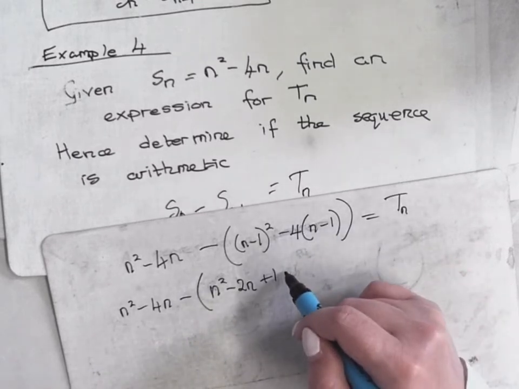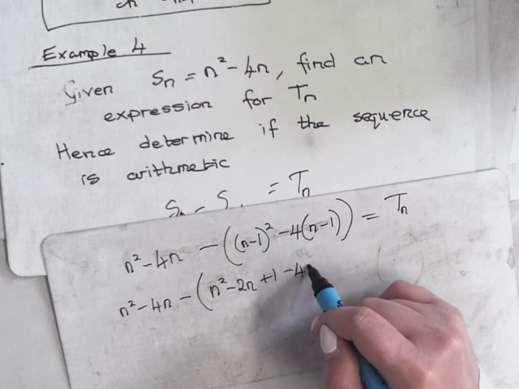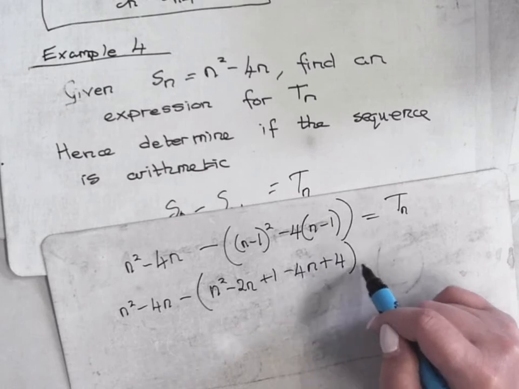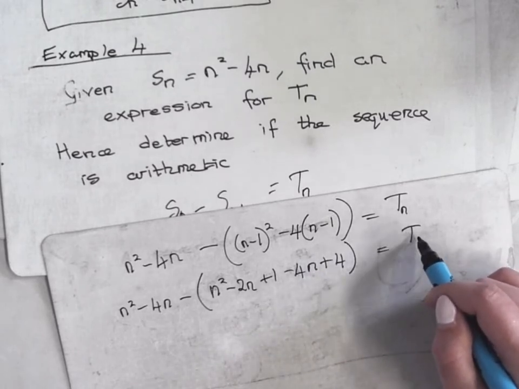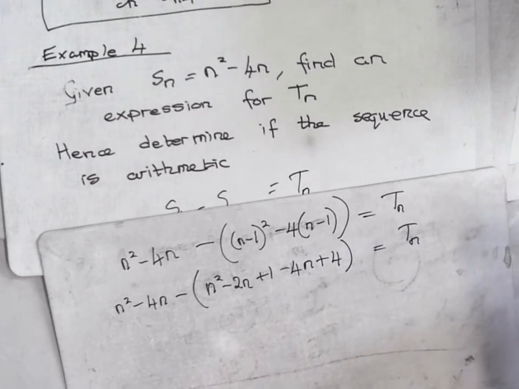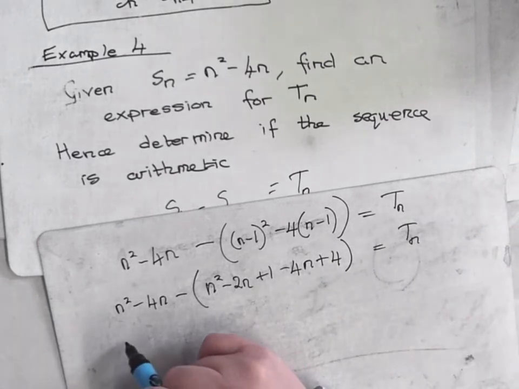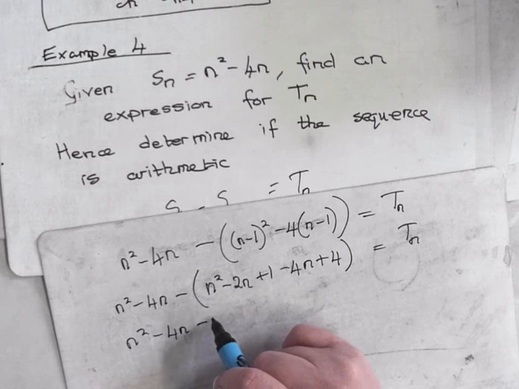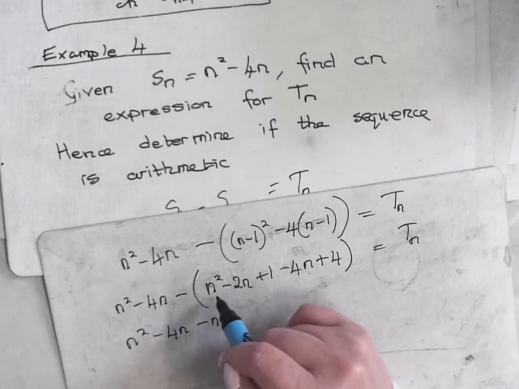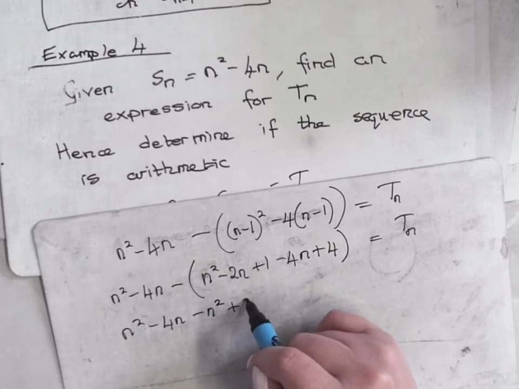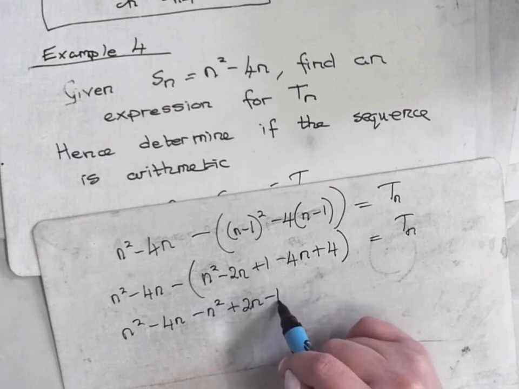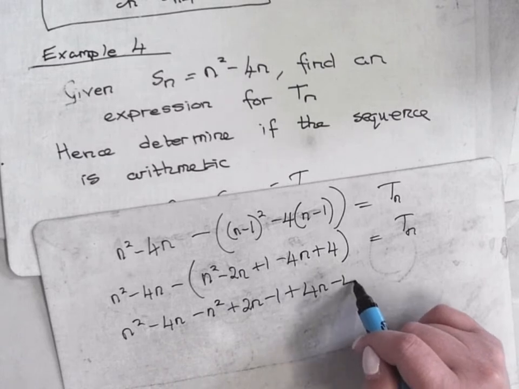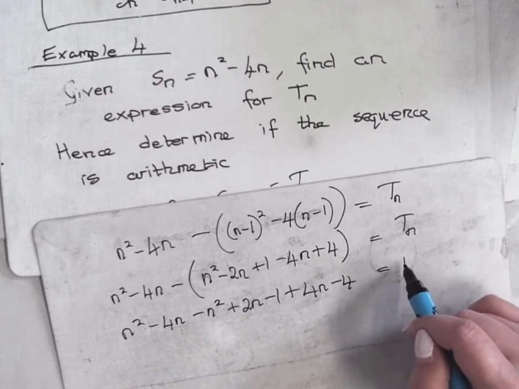I need to multiply in here by minus 4, so minus 4n plus 4, that's that sorted, and that's going to give me Tn, which is what the question is asking me to get. Right, so n squared minus 4n minus n squared, just multiplying by a minus here, plus 2n minus 1 plus 4n minus 4, and that will give me an expression for Tn.